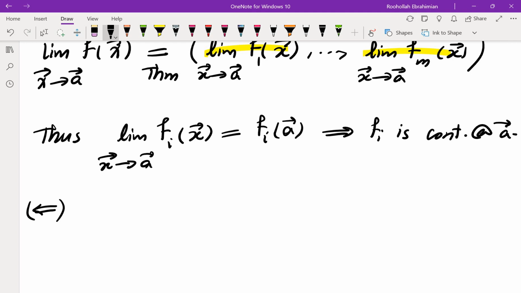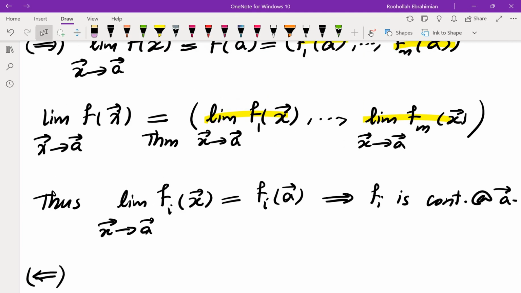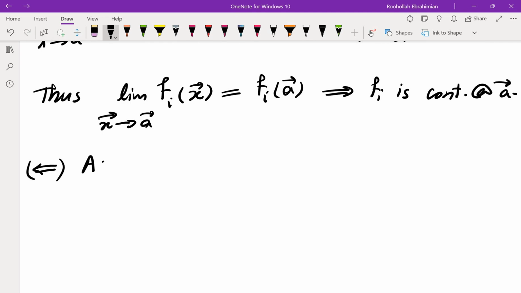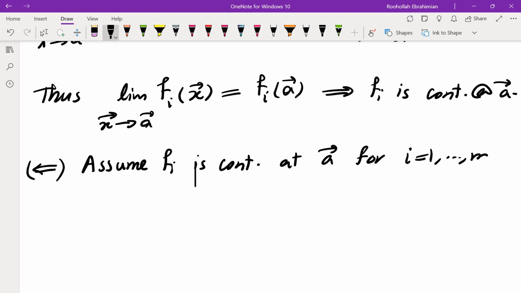Let's assume that we have these. So it's basically the same thing. So assume fi is continuous at a for i equals 1 through m.